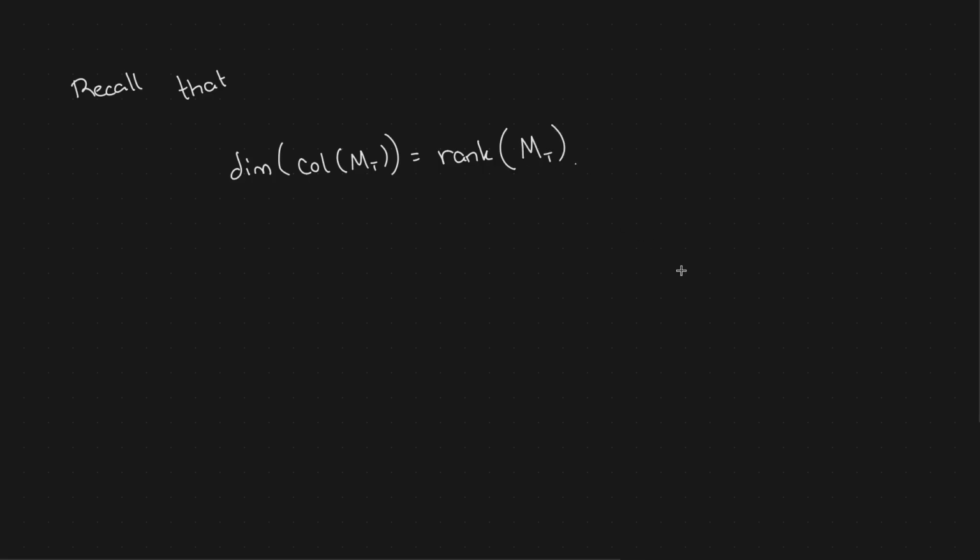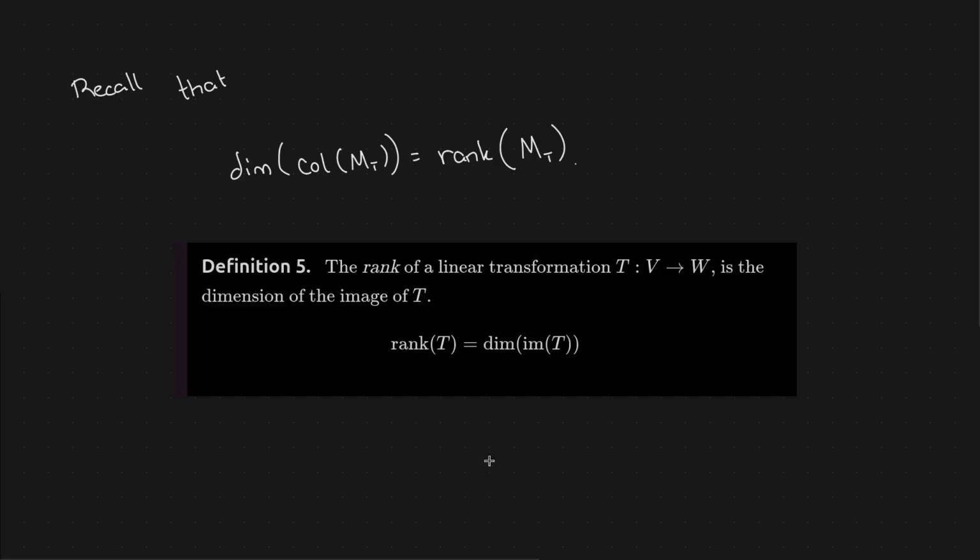Right? We showed that. Well, we are going to extend that definition to work with transformations. The rank of a linear transformation, T, is going to be the dimension of the image of T. So we are going to define that the rank of a transformation is the dimension of the image.